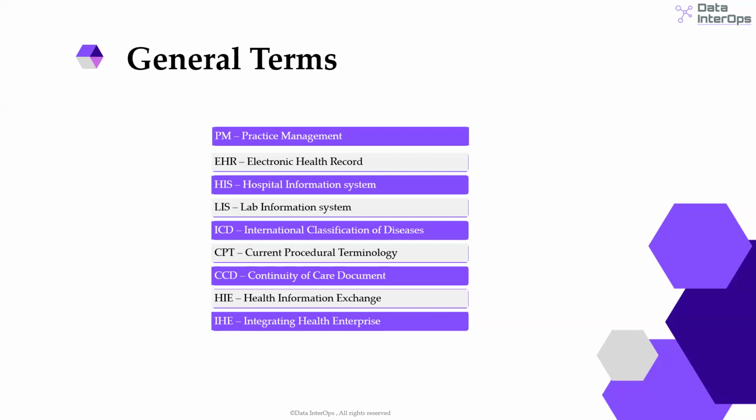Then you have CCD, which is Continuity of Care Document. This is a document which will have the entire patient history. And then you have HIE, which is Health Information Exchange, a central repository to exchange data between different hospitals. Finally, you have IHE, which is Integrating the Healthcare Enterprise. This is also a standard to exchange data for HIE and CCDs.